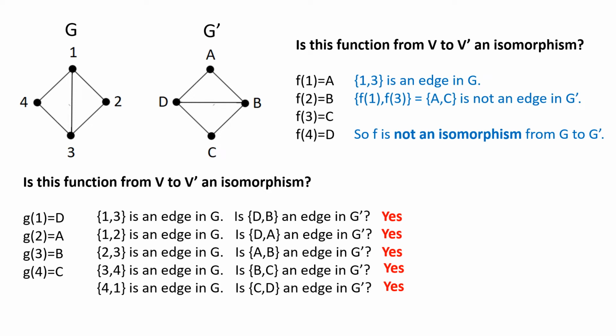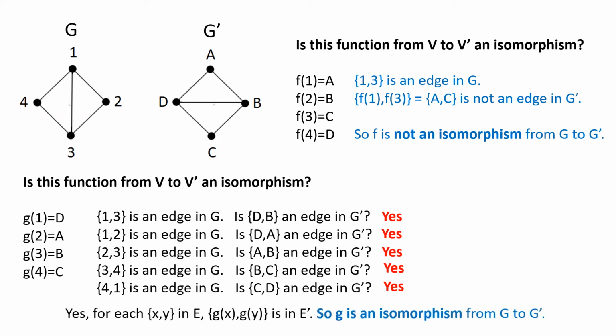So we would then be able to say, since every edge in G also has a corresponding edge in G prime, that this function called G is an isomorphism from G to G prime. Okay, so again, it's the function itself that's the isomorphism, but once we find this isomorphism, we can say that the two graphs are isomorphic.